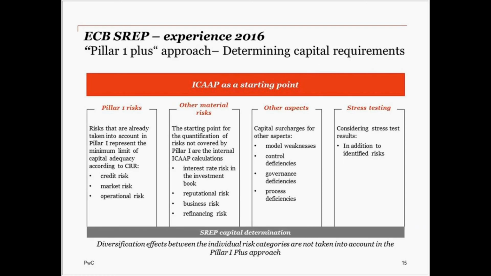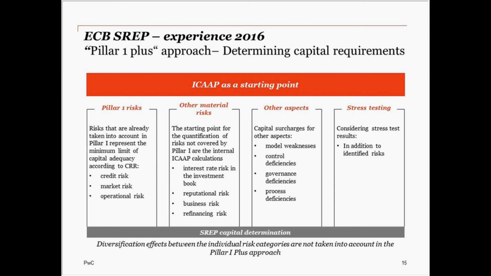For banks, the most visible outcome of the SREP is the capital add-ons they receive from the supervisors. The approach the ECB is taking when determining those capital add-ons is the Pillar 1 Plus approach.